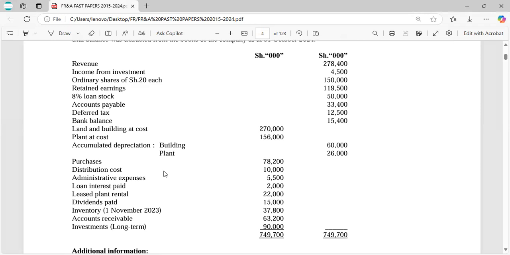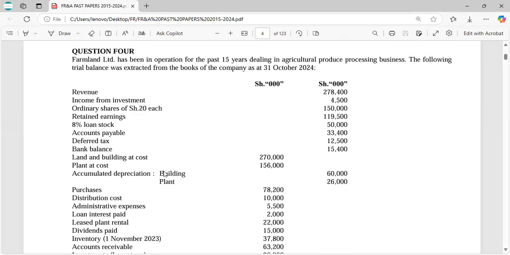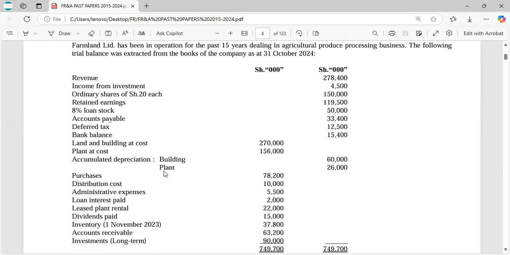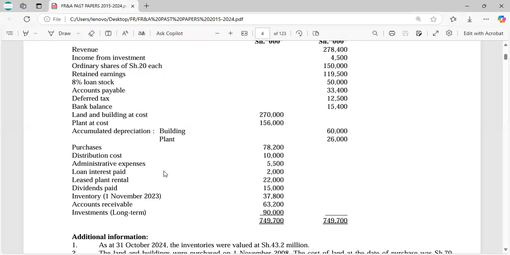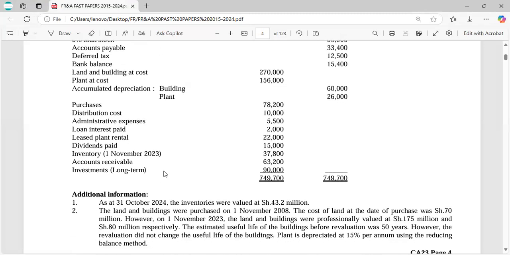That is 1st November 2023, so that is opening, because our financial year ends on 31st October 2024. Then you are given inventory as at 1st November 2023, the opening stock. Accounts receivable, then we have the long-term investment.